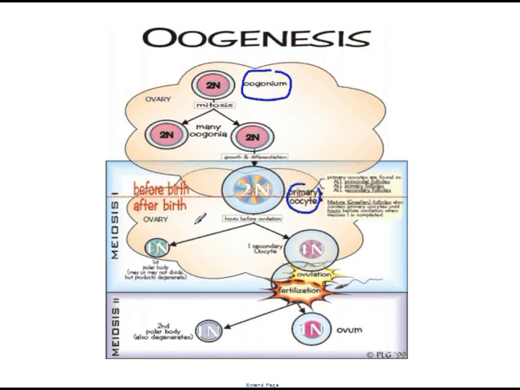And then after birth here, you get ovulation once a month, right? And you get polar bodies, which are no good, and you get secondary oocytes, which are good. And then it pauses again until it actually is fertilized, and then it goes on to be the ovum, which eventually will be used as the egg.